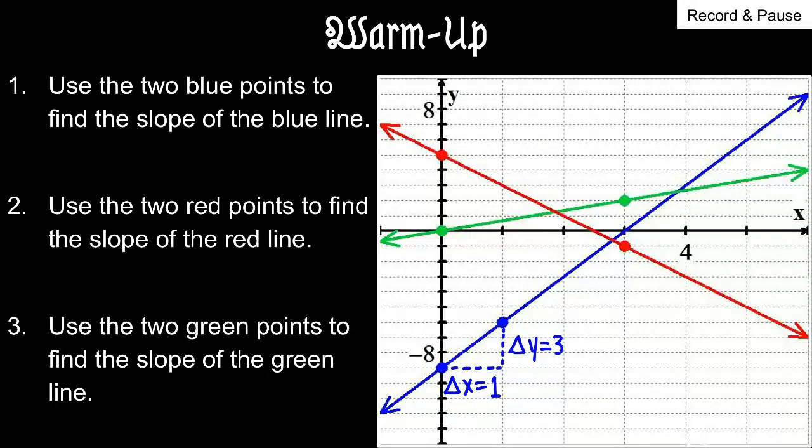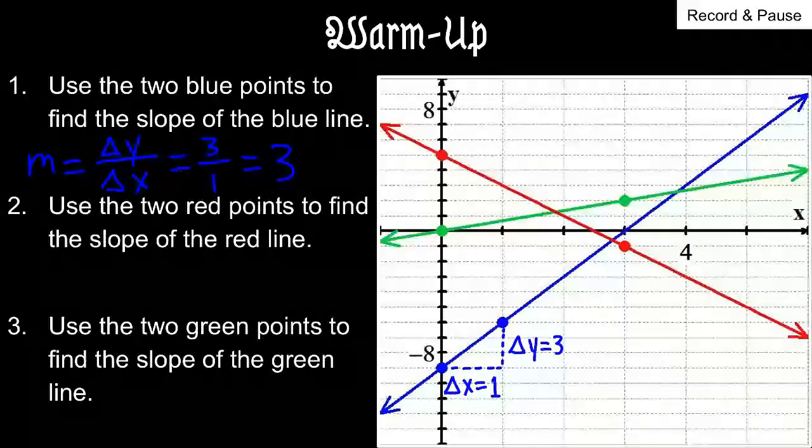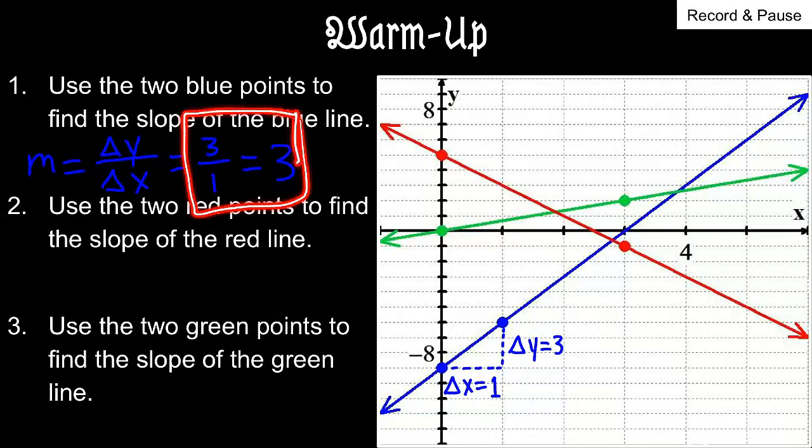So our slope m is equal to delta y over delta x, which is 3 over 1, which equals 3.